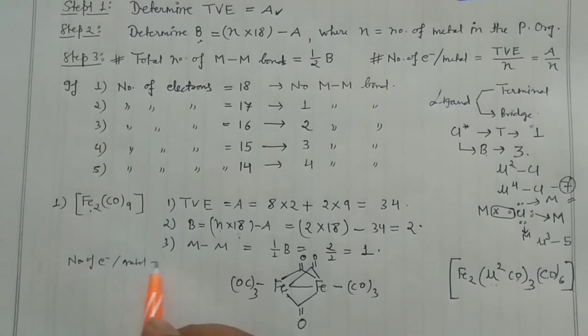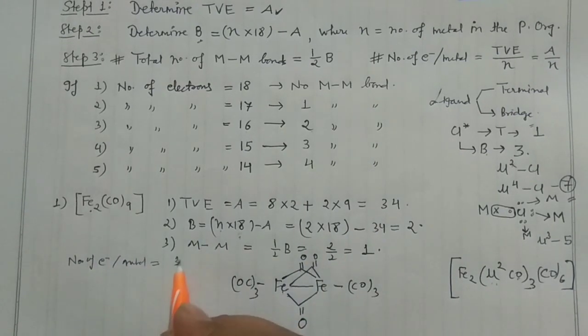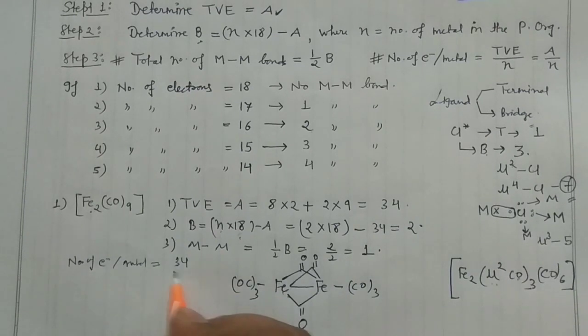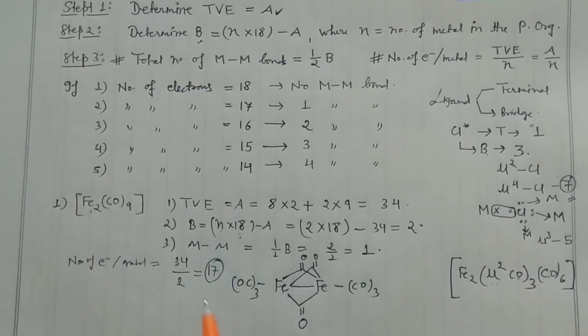For this you take your total number of valence electrons and divide that by the number of metals. That means 17. Okay, so 17 electrons are present on one iron, and the 18th will come through the metal-metal bond. Okay, this is how you can determine the things.